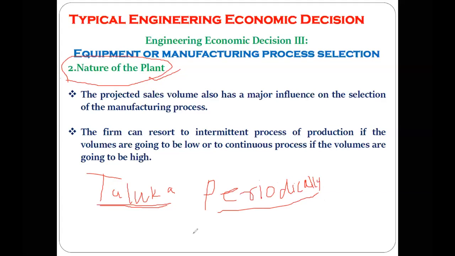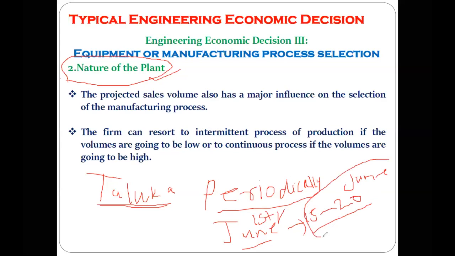Periodically means what? Suppose the company gets some orders in the first week of June, but in the next period, the 15th to 20th of June, the company doesn't get any orders.